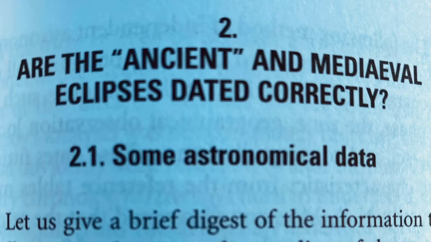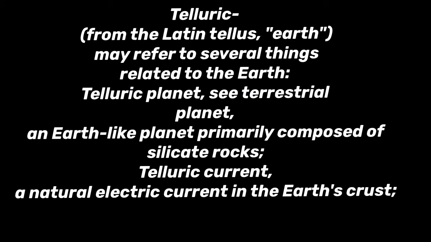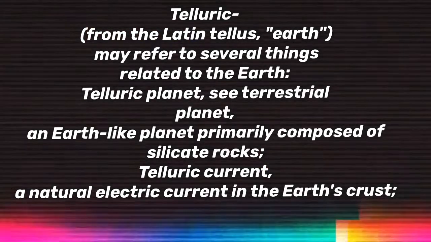And if you are a dummy like me and had to look up the word telluric, or if you lied to yourself and said you knew what that word was like me, allow me to look it up for you. Telluric means from the earth, an energy of the earth. On a fun side note, a telluric current is a current of the earth.